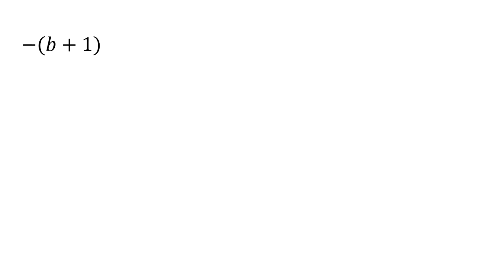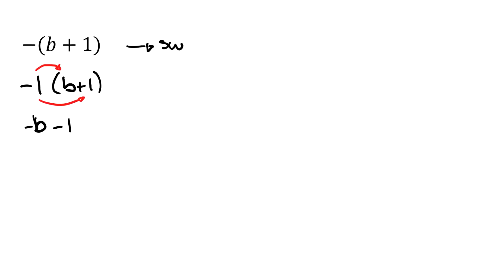The next one here, we have minus, and then B plus 1. There's 2 ways to do this. You can imagine that that's negative 1, B plus 1, and then do your arrows. So we get negative 1 times B is negative B, negative 1 times 1 is negative 1. The other way to do it, the other trick, is that you just swap all the signs inside.